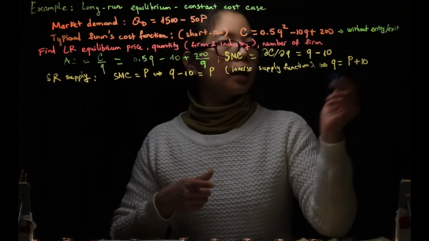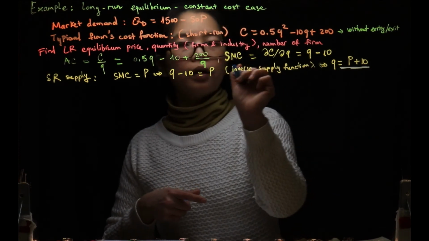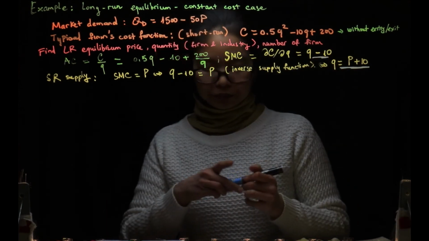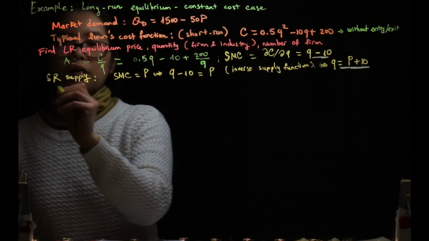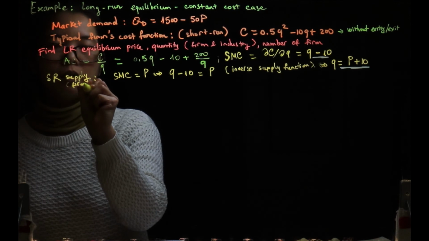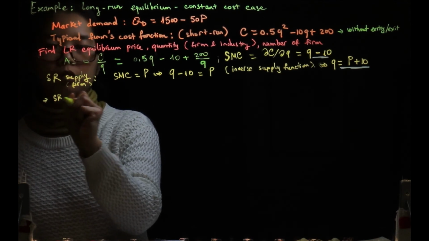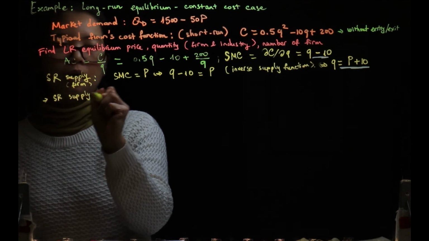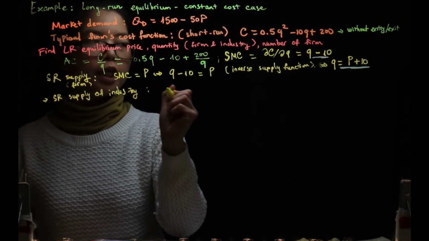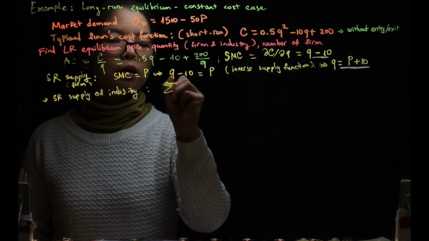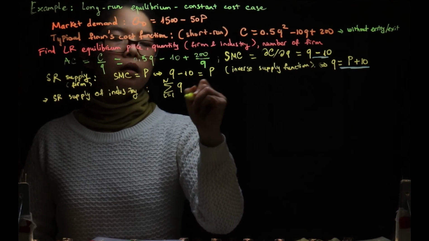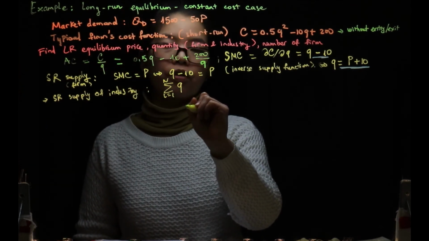This is for the firm, right? And then we have the short run supply of the industry, which is the sum of the supply of the n firms, right?